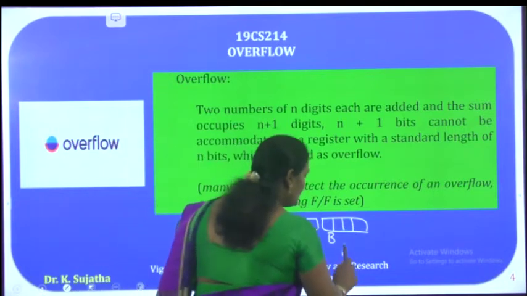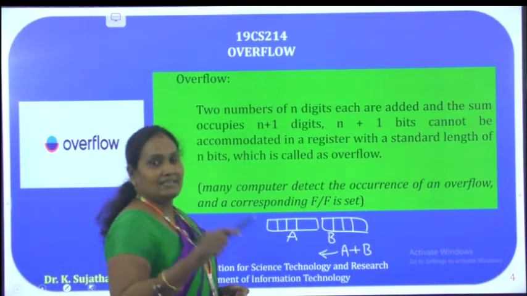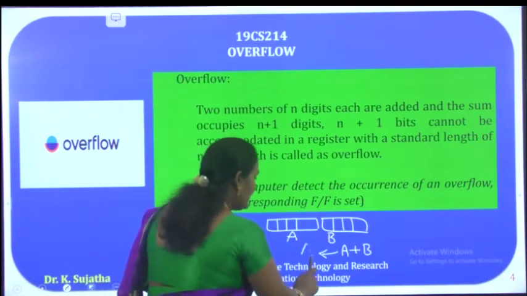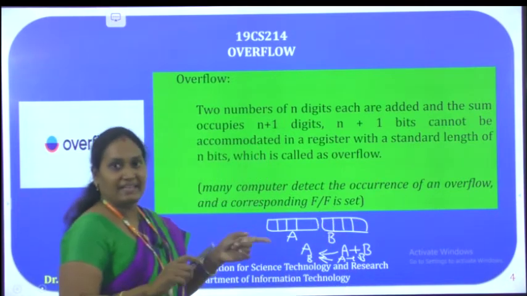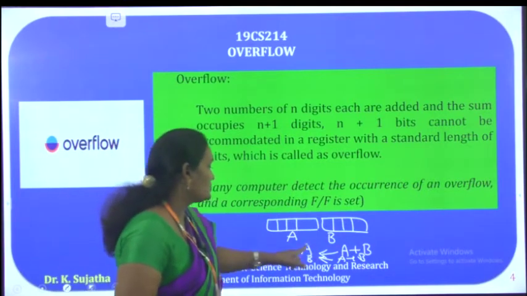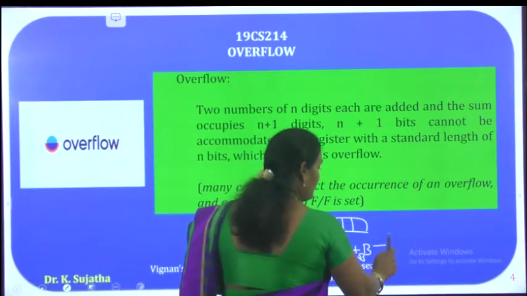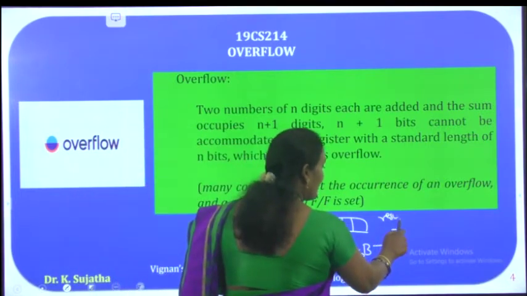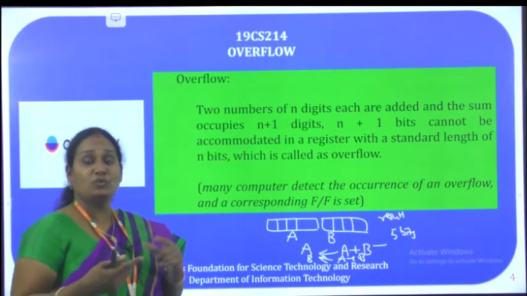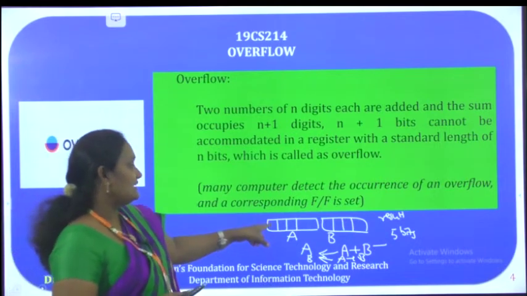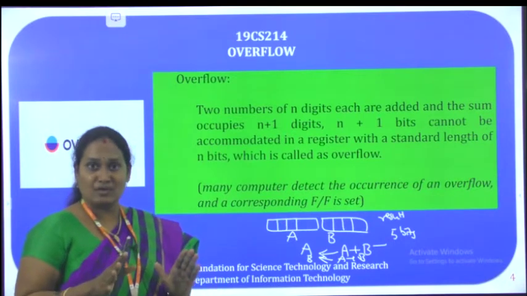I want to do addition of A and B, and place the result into either A or B. If after adding A and B the result has 5 bits, is it possible to place that 5-bit result in either A or B, which have a fixed size of 4 bits?